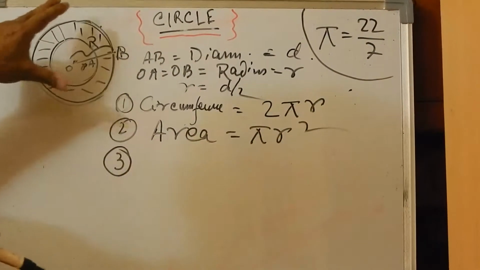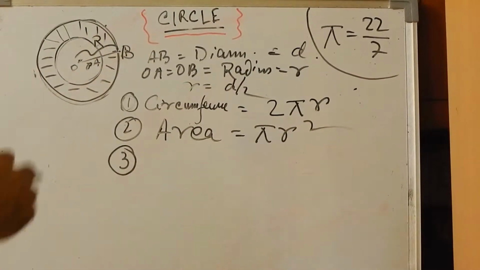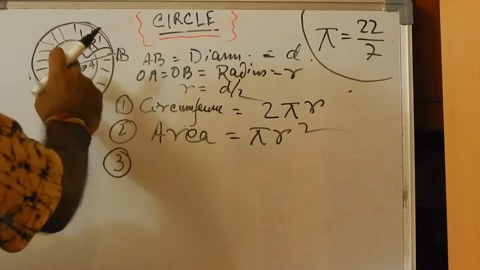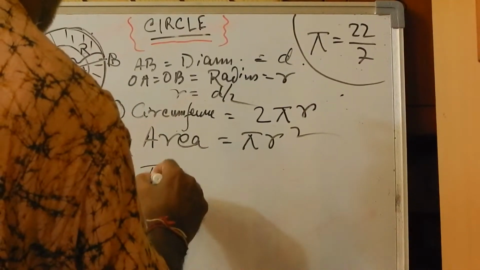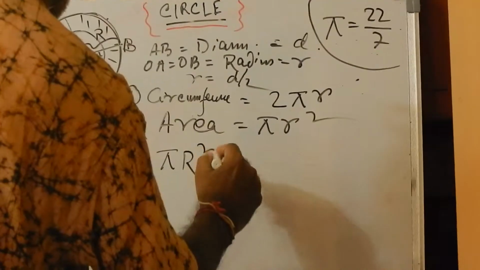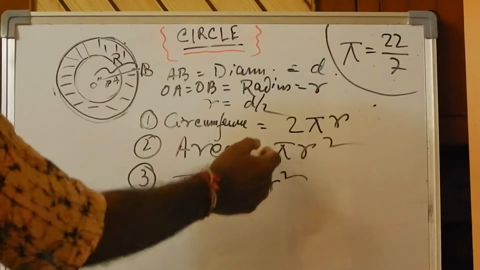So it's very simple. If we find out the area of the bigger circle and subtract the area of the inner circle from that value, then we will get this value. So pi R square is the area of the bigger circle and pi r square is the area of the smaller circle, as you know.